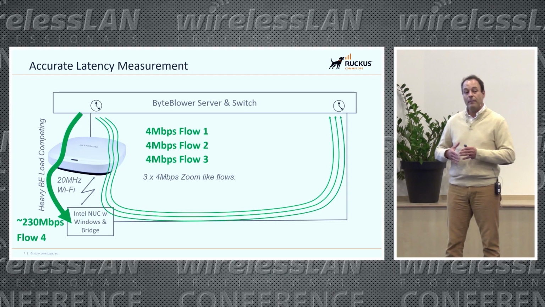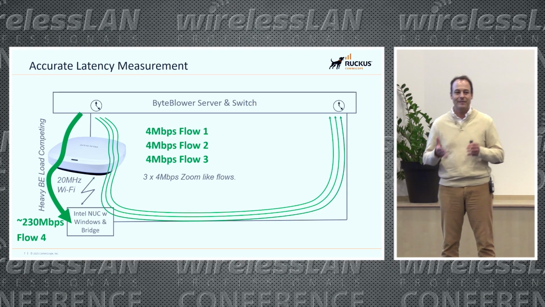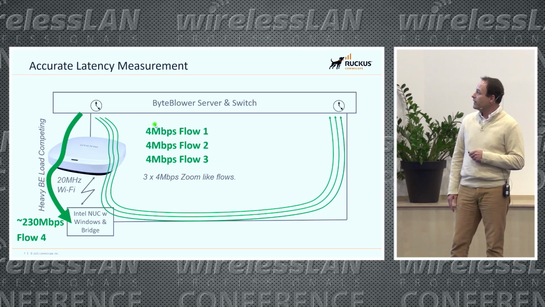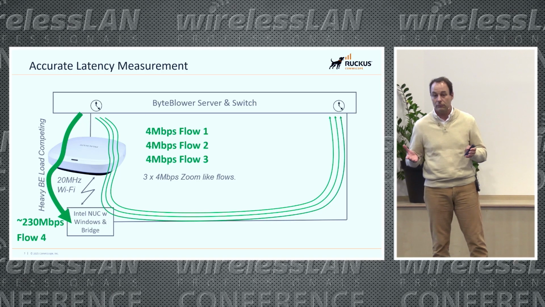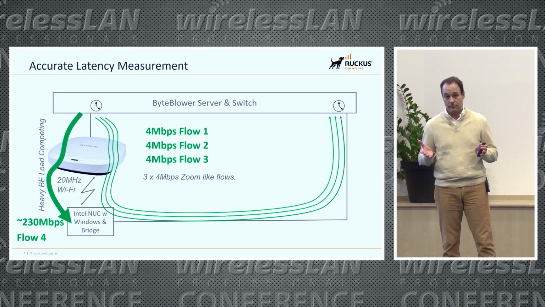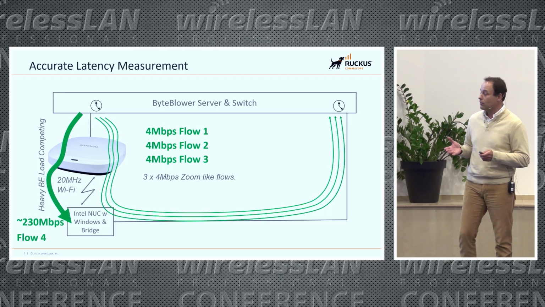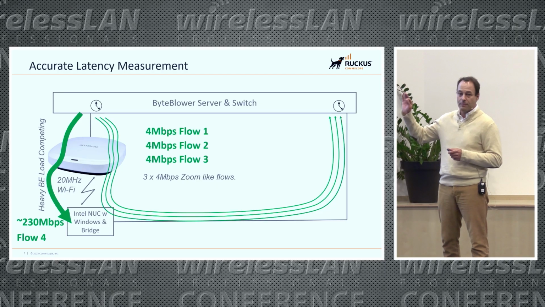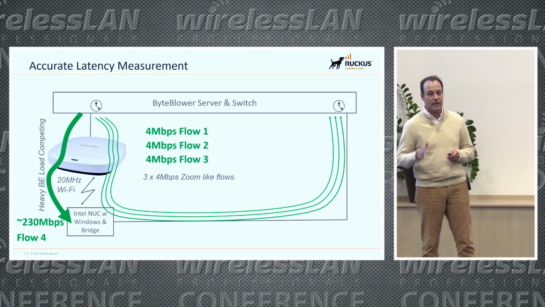The latency will be much higher, and the impact will be the same on all 3 flows because all of them are placed in the same default queue, the best effort queue. And we don't want that. What we want is to keep the latency of some specific flows as low as possible.